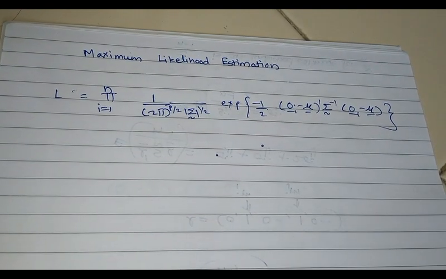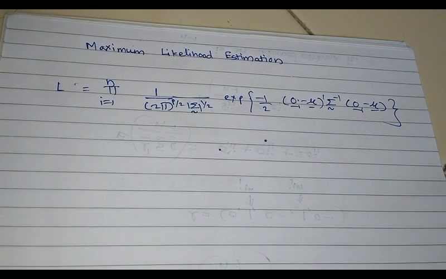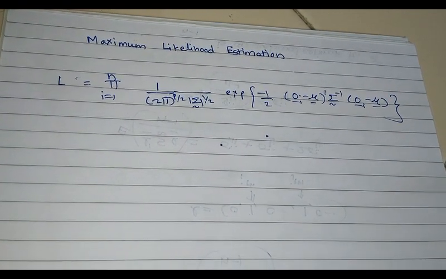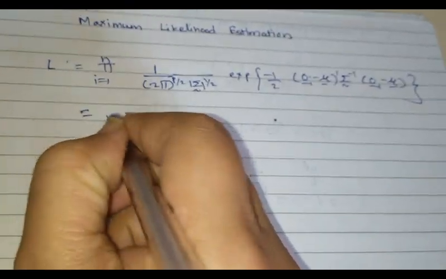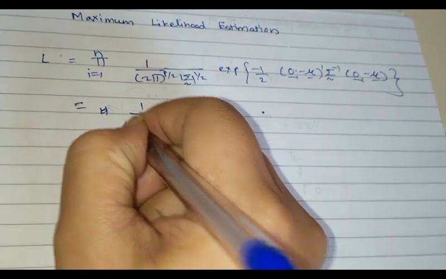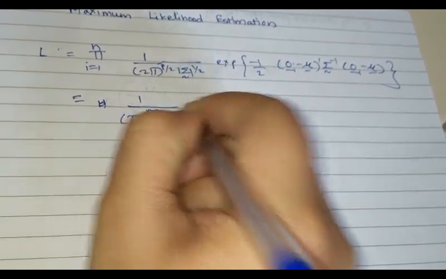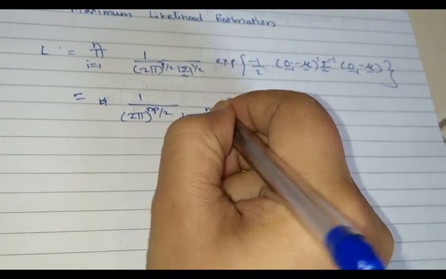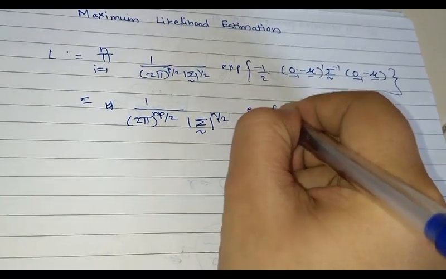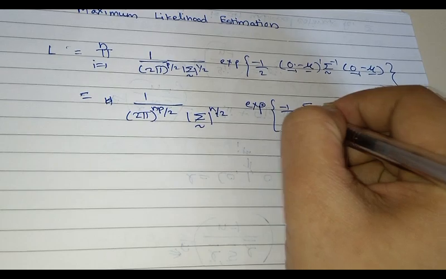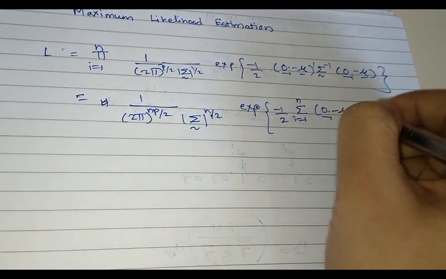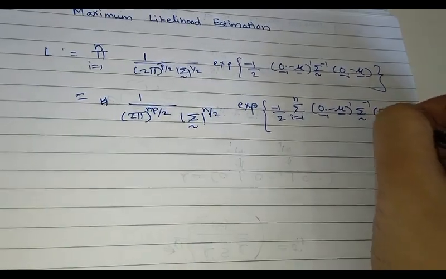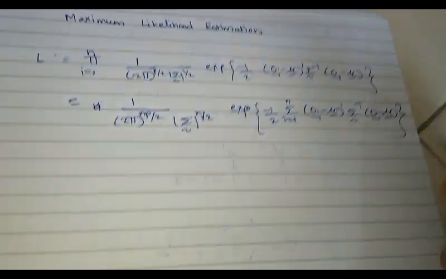I can take the product inside, so I would have 1 upon (2 pi) raised to np by 2, determinant of sigma raised to n by 2, e raised to minus half summation i going from 1 to n of (oi minus mu) prime sigma inverse (oi minus mu).